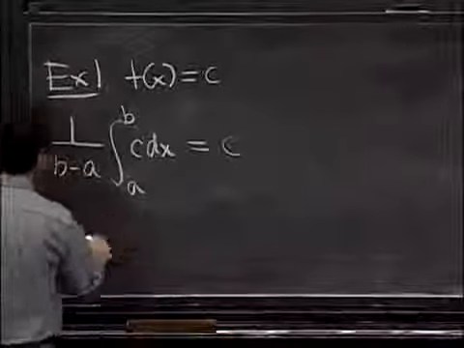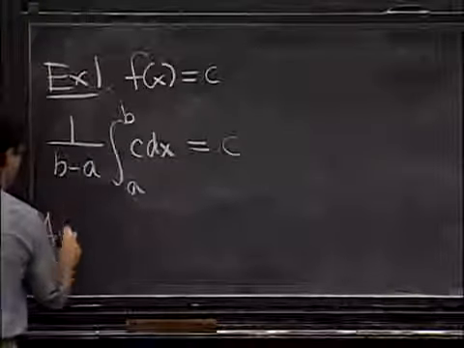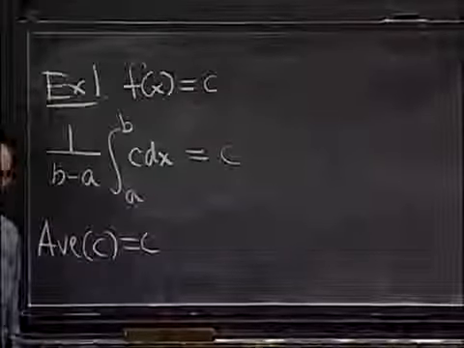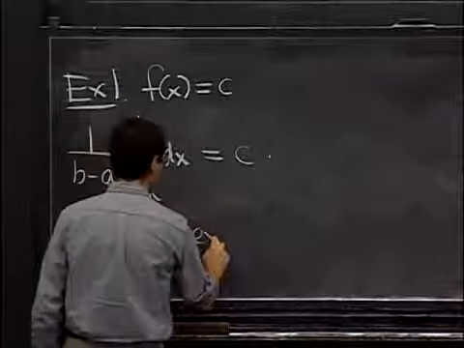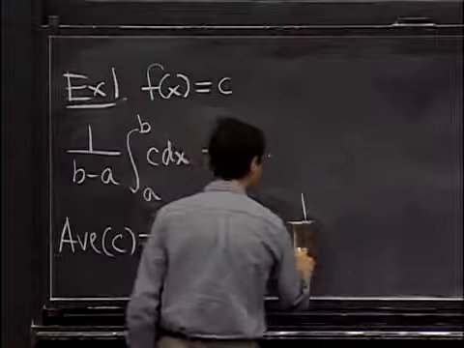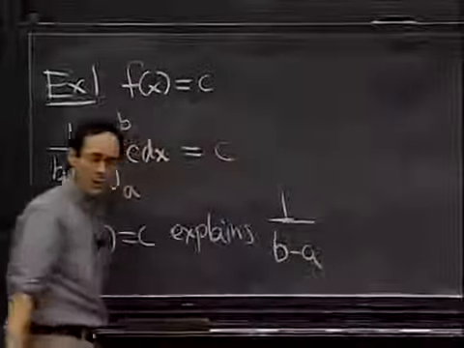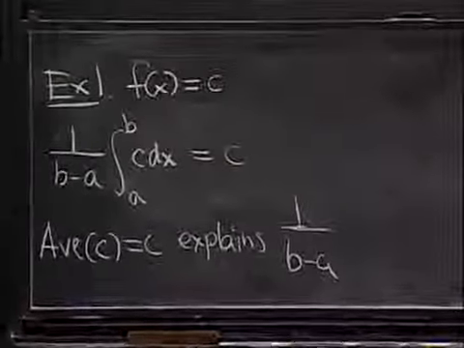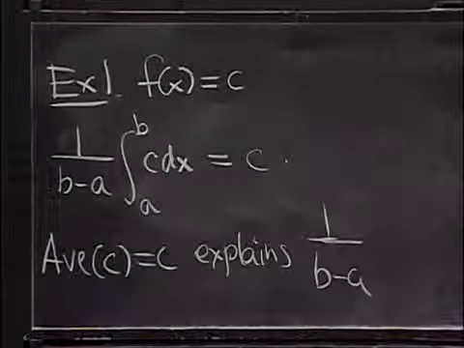So work that out. The answer is c. And so the fact that the average of c is equal to c, which had better be the case for averages, explains the denominator, explains the 1 over b minus a there. That's cooked up exactly so that the average of a constant is what it's supposed to be. Otherwise, we have the wrong normalizing factor.